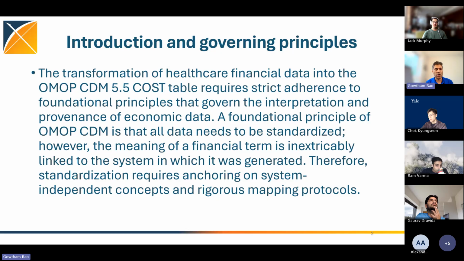We put a lot of thought into this proposal to ensure that, in other words, strict conventions are essential. A software that will run analytics on OMOP CDM with cost tables should check for conformance, and only if there's conformance should it provide the analytics.